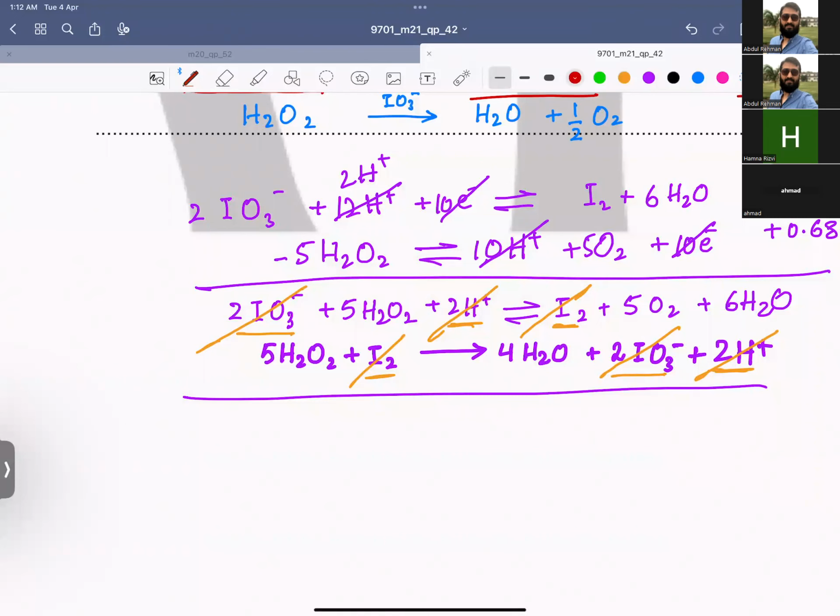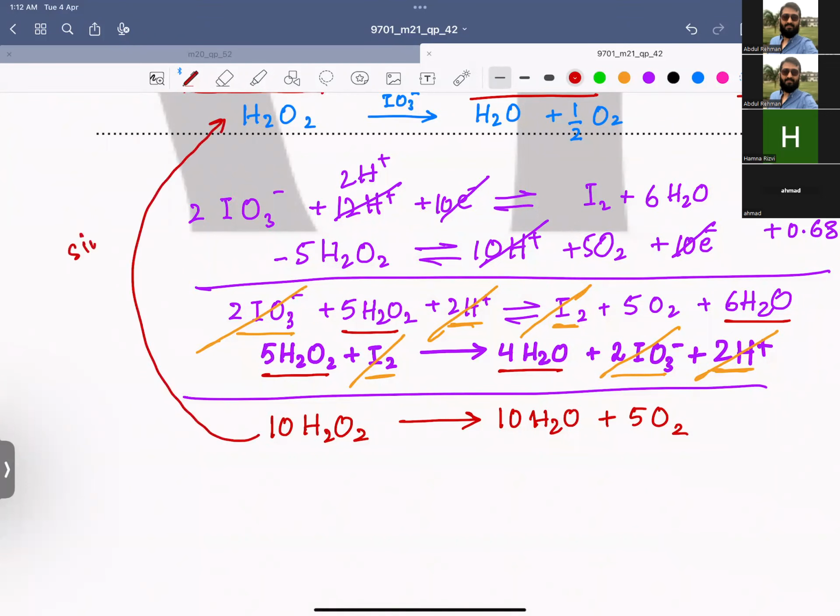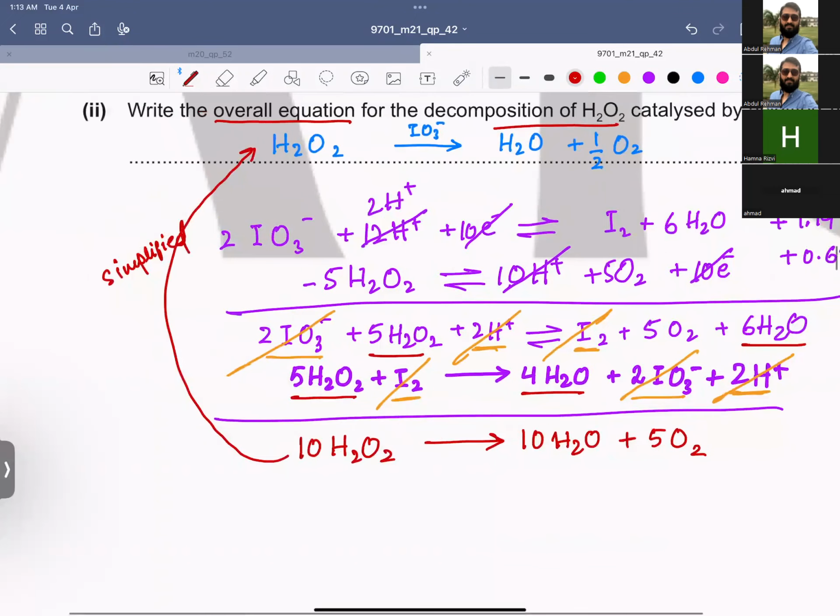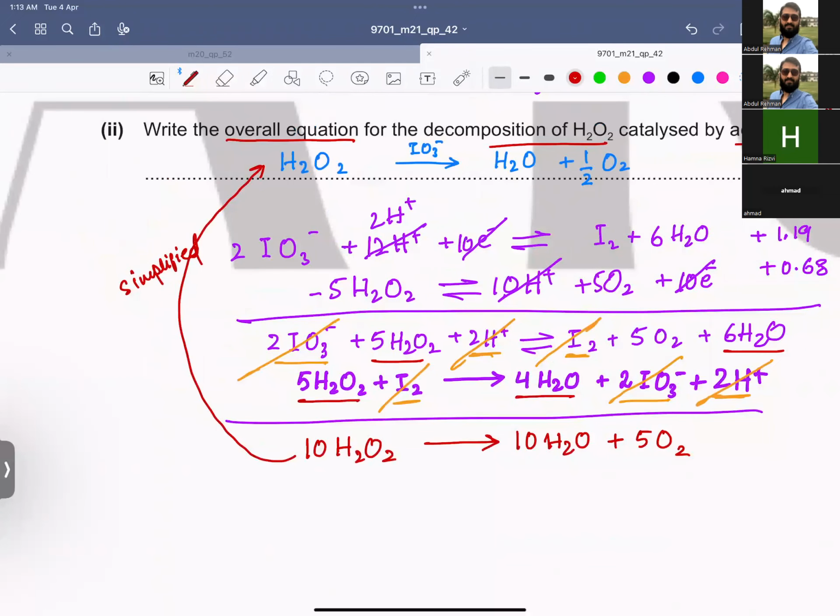Now we are left with 5H2O2 and 5H2O2, which gives me 10H2O2. There is nothing else on the reactant side. On the product side, 4 water and 6 water forming 10H2O and 5 moles of oxygen. So if I simplify this equation, aren't I getting this one? Yes, is this clear? Yes, sir.